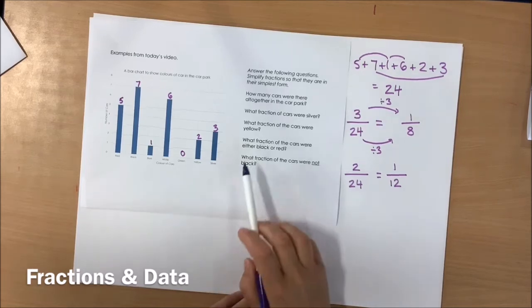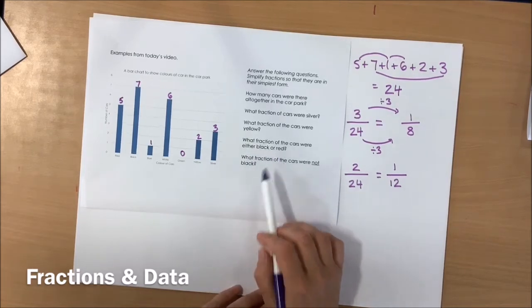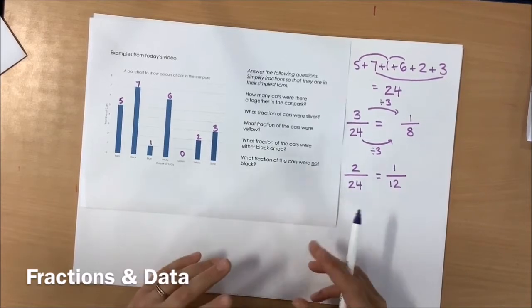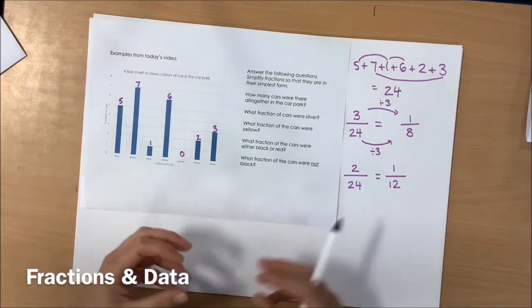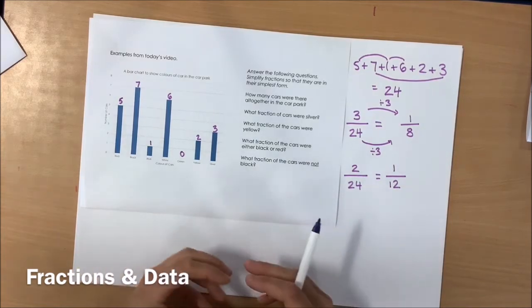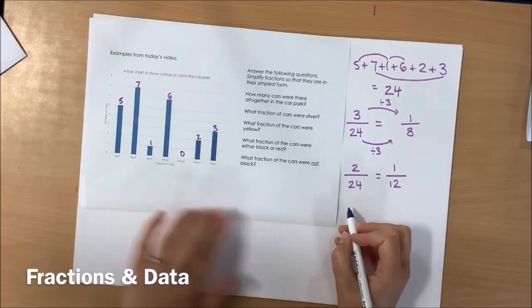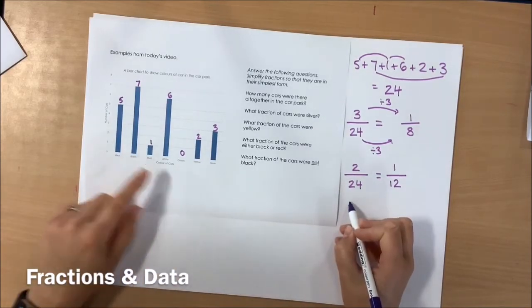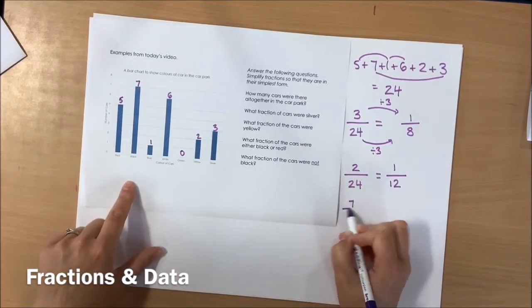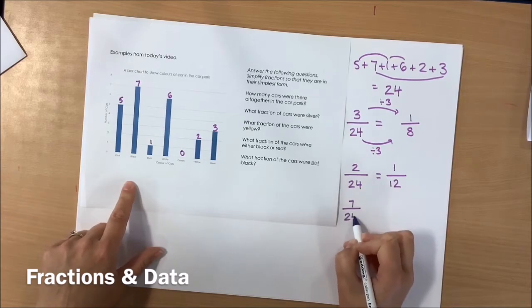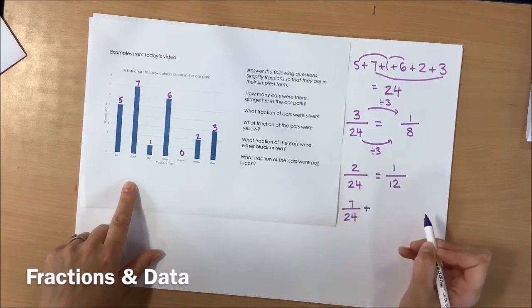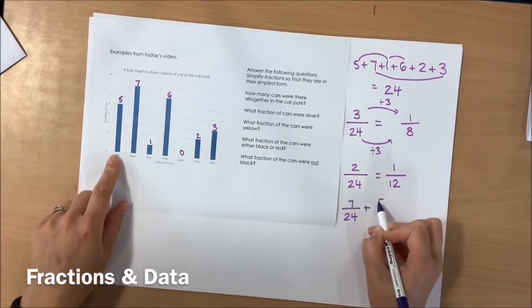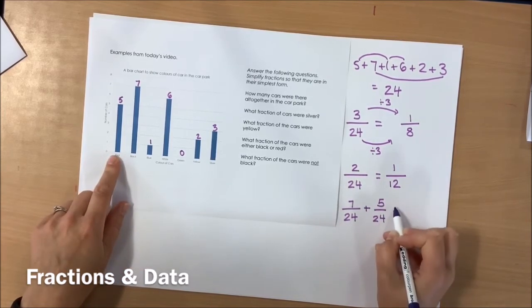What fraction of the cars were either black or red? Now the wording of this sort of question sometimes causes some problems, but basically what you're doing is you're adding fractions together. Black or red means those 2 fractions first and then in total. So let's do black first. You could of course add them together first, but I'm going to do it this way just to show you this method. So 7/24 were black and 5/24 were red.